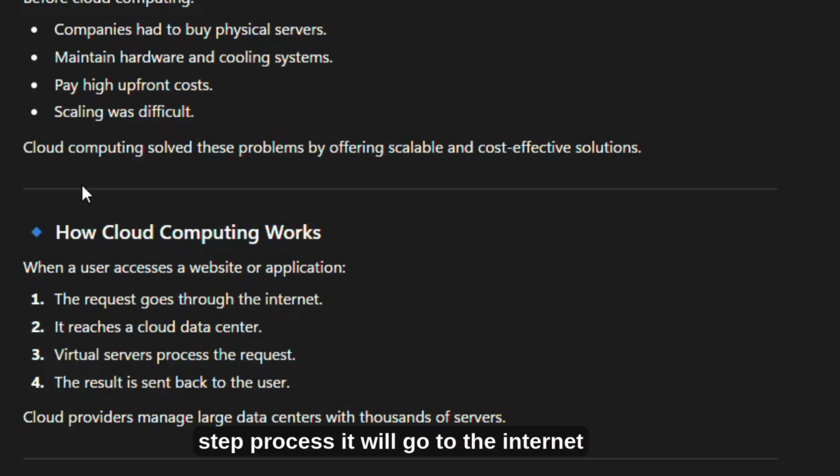This is a 4-step process: you go to the internet and ask for the service, it moves to the cloud data center, virtual servers process the request, and the result is sent back. These cloud providers manage large data centers with thousands of servers, which are maintained in the data centers.